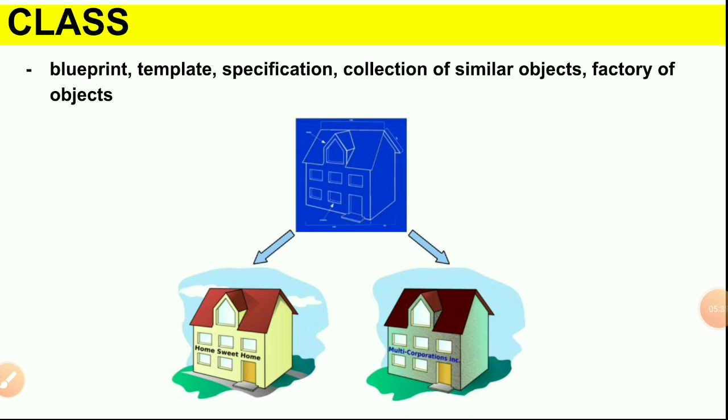Okay, so the name of the house you can give anything, it does not matter. You can call house 1, house 2, or my house, your house. The name of the object is not that important, but what is of importance is that both the houses that you are seeing on your screen belong to the house class.